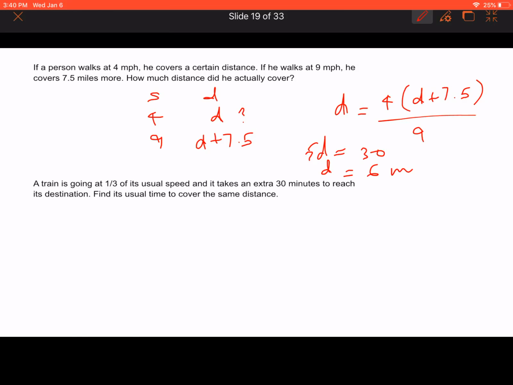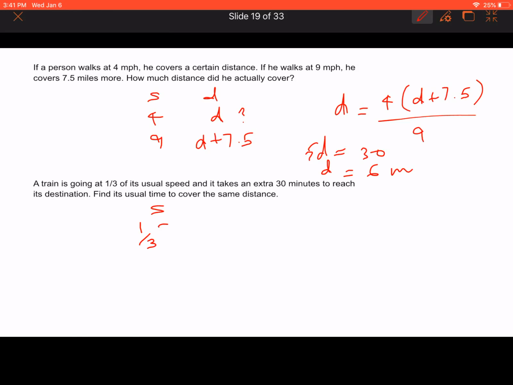next is a train is going at 1/3 of its usual speed. Okay, just a moment. Okay, so the speed is 1/3 of its usual speed.